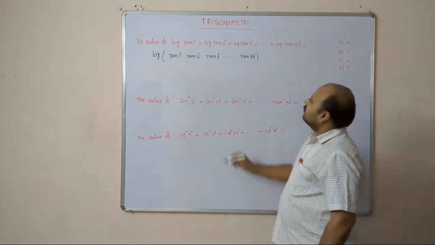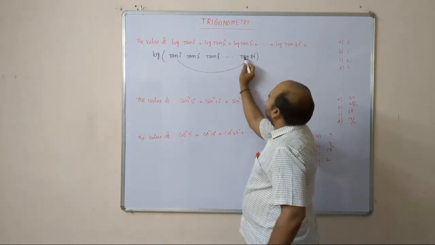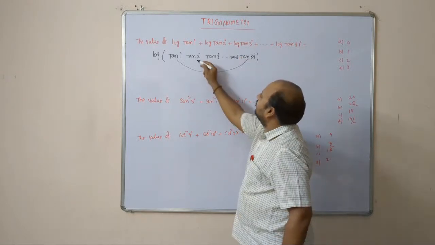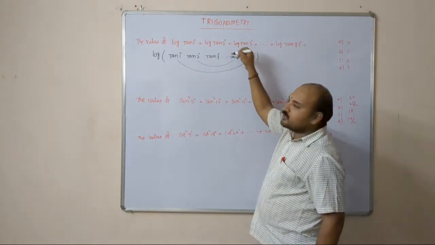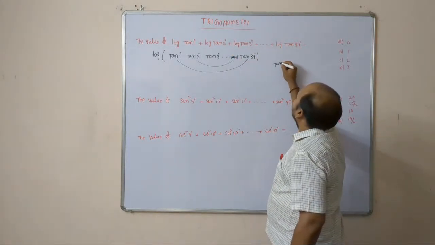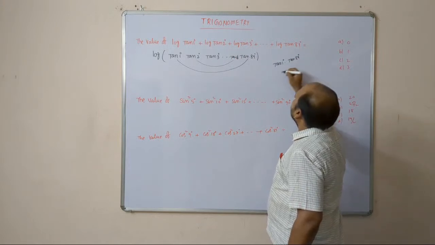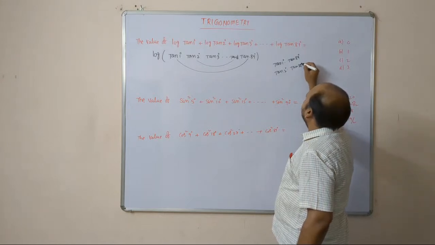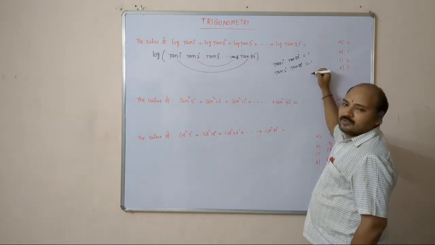Like before tan 89, tan 88 is also there. In between, tan 45 is also there. Tan 1 into tan 89, next tan 2 degrees into tan 88.